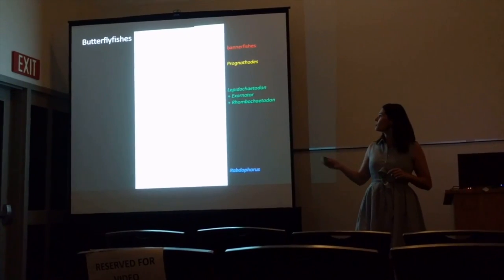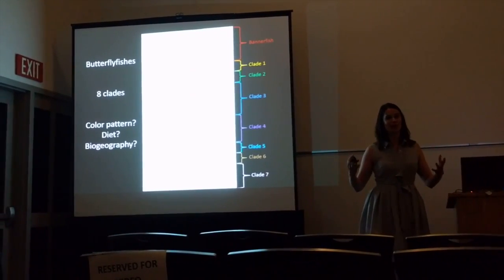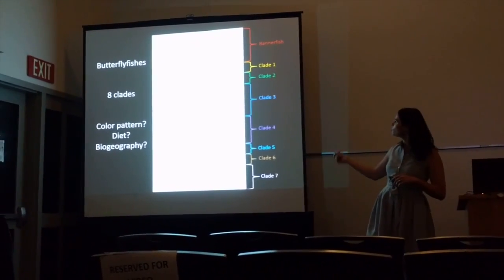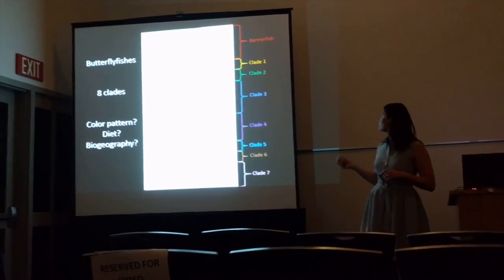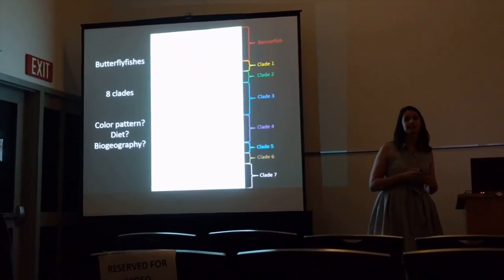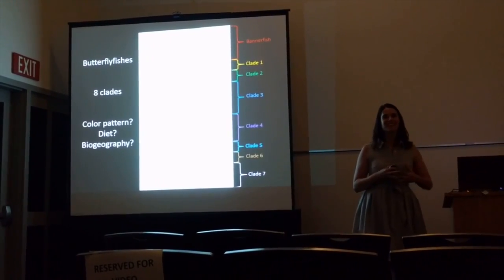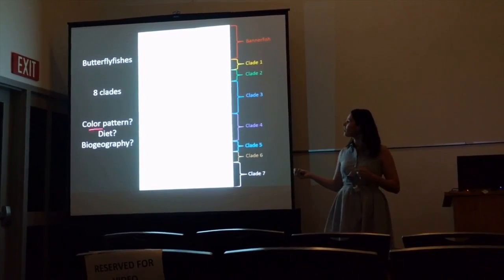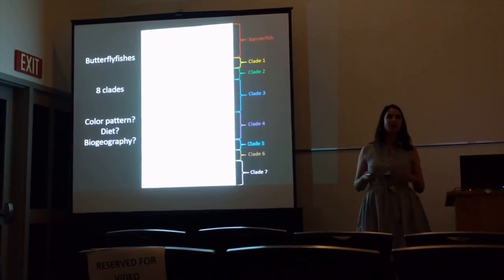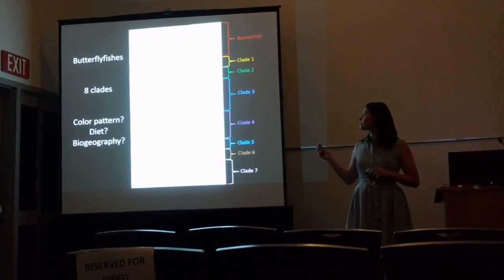However, when we go to publish this, we're going to strongly support adopting a new taxonomic classification identified by these 8 different clades that are very well supported by our data. Of course, right now they're not named anything too exciting, but when we look at color pattern, diet, and biogeography, perhaps we'll come up with some more descriptive names.